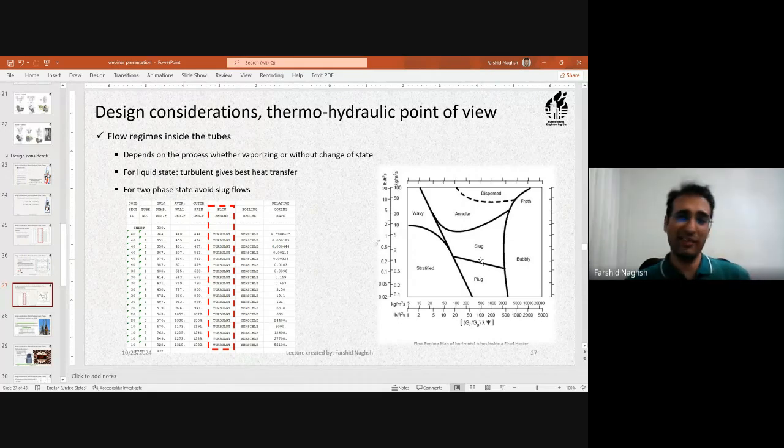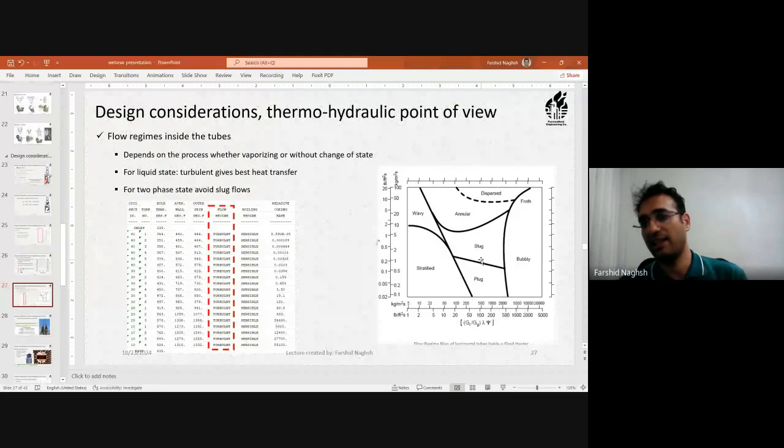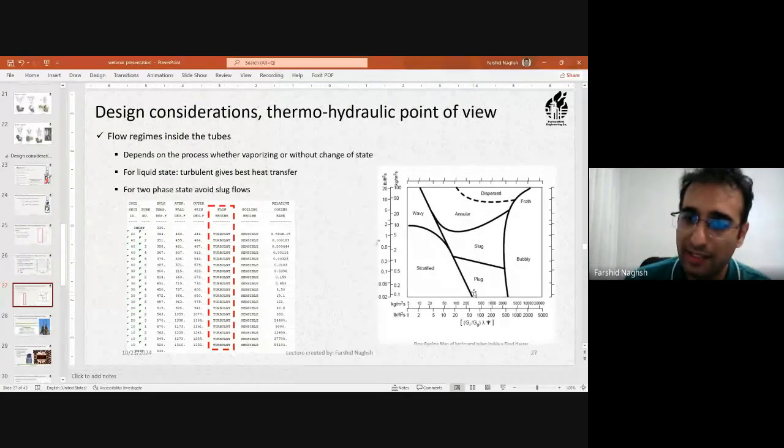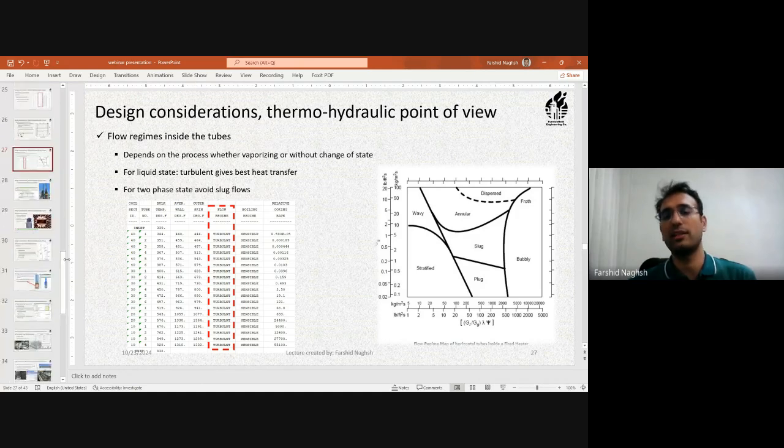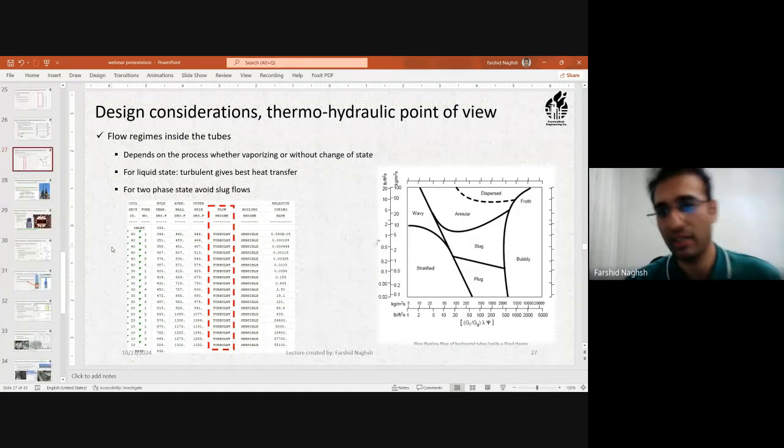You can read a lot about slug regimes in piping publications, specifically in ASME publications, and you have to keep the regime of the fluid inside the pipes in plug or bubbly, which are very good flow regimes. There are a lot of publications on this in piping, because it is a major problem in piping design, and it directly affects the supporting design and stress analysis of the piping design. The same holds true for the heaters. Okay.